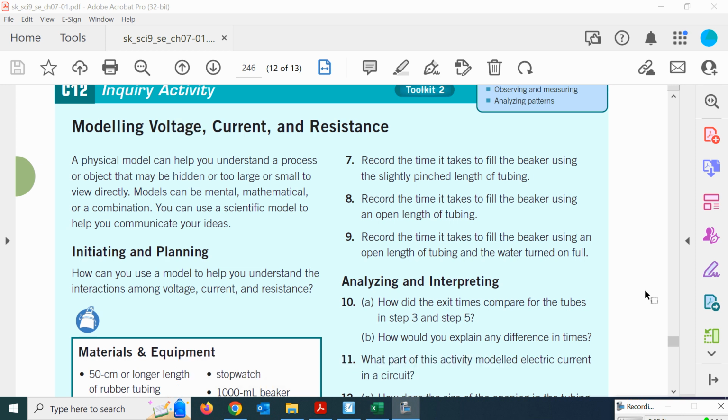A physical model can help you understand a process or object that may be hidden or too large or small to view directly. Models can be mental, mathematical, or a combination. You can use a scientific model to help you communicate your ideas. The model of the atom, for example, is something to represent reality in a way we can understand.